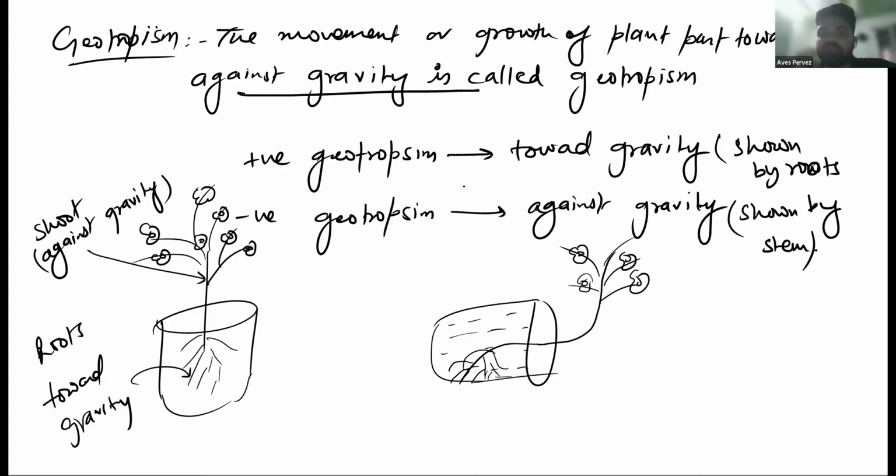So you know that positive geotropism is shown by root, and the negative geotropism is shown by stem. Make this diagram fast. Done.